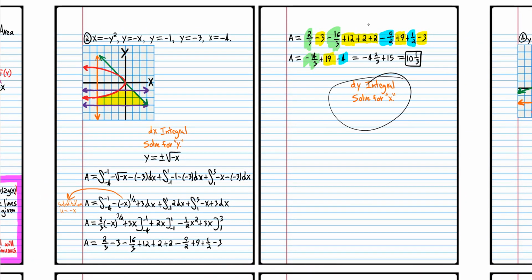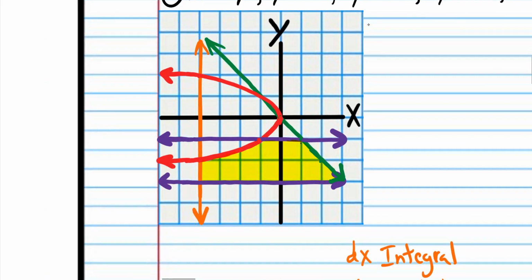But now we're going to use a dy integral. We're going to calculate the same area using a dy integral, and you're going to find that a dy integral is actually going to be easier in the sense that you only need 2 integrals. Over here you needed 3 integrals with a dx integral, but for a dy integral you're only going to need 2, and here's why.